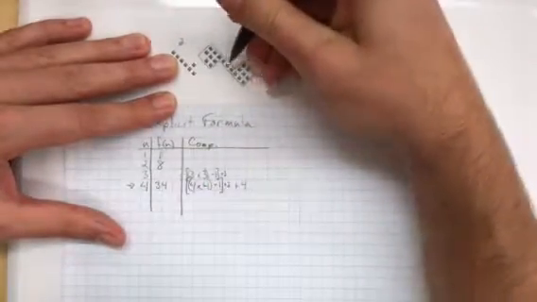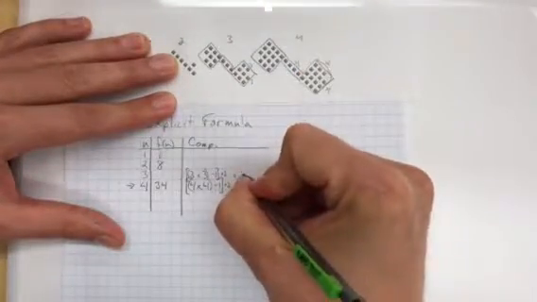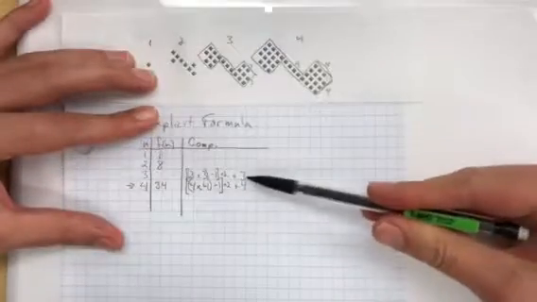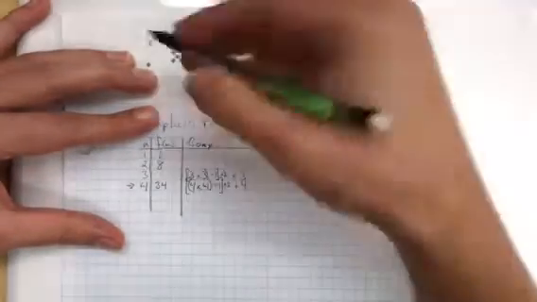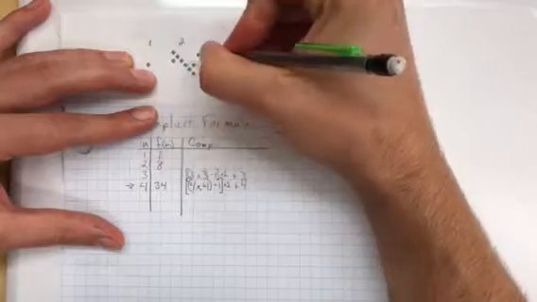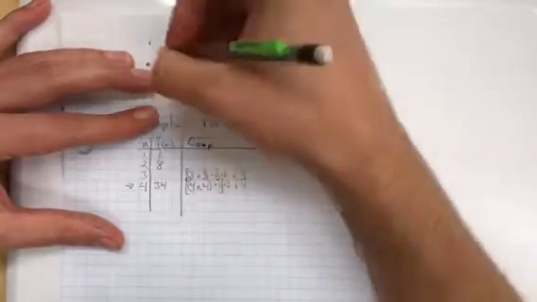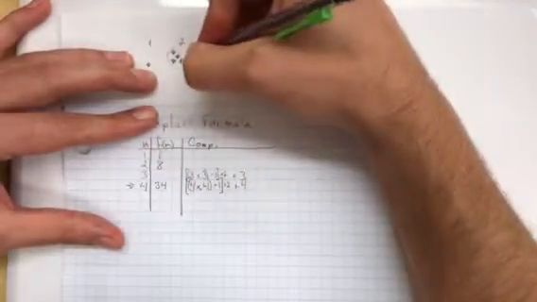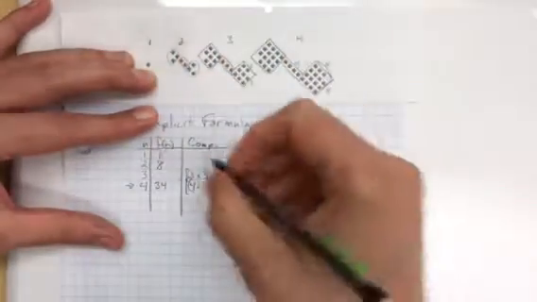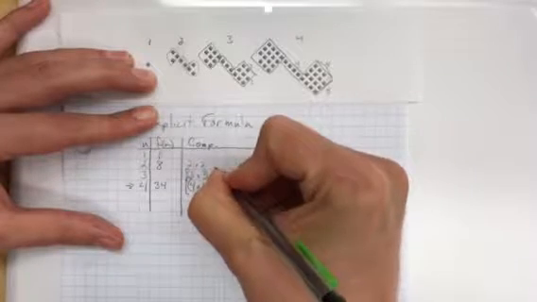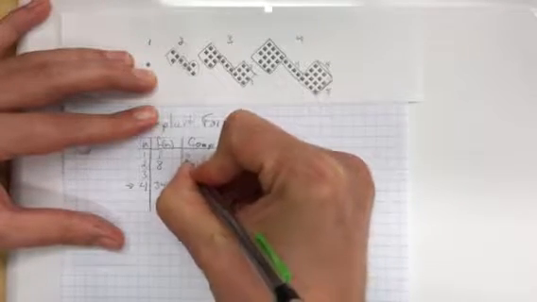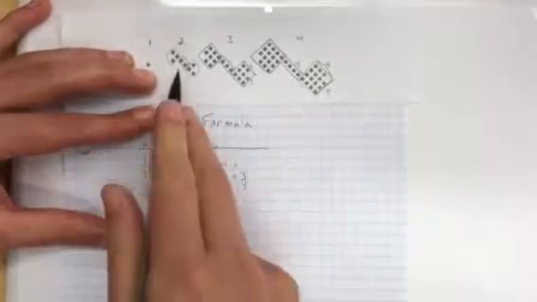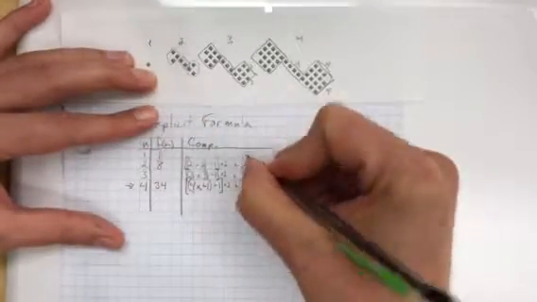And then you add in the 3 at the end. With these, you should start to see a pattern here. We can do it for this one as well: 2 times 2 minus 1, and then this little guy is 2 again. Times 2 plus the little one is 2.